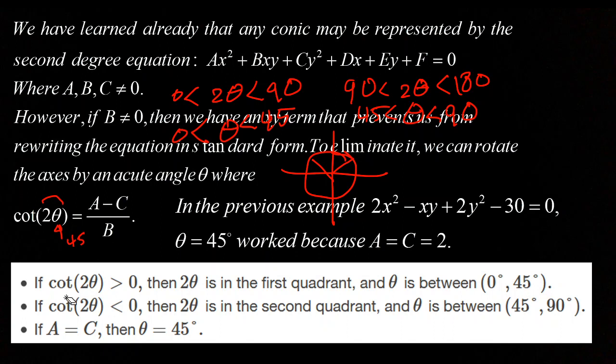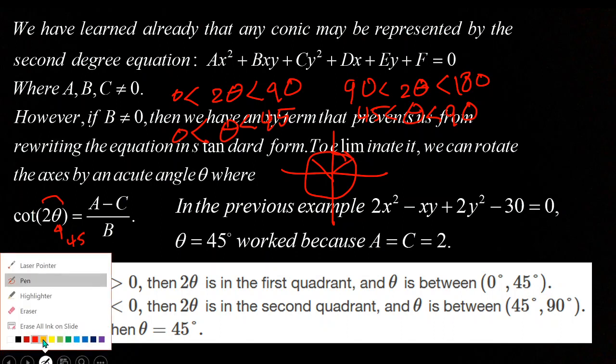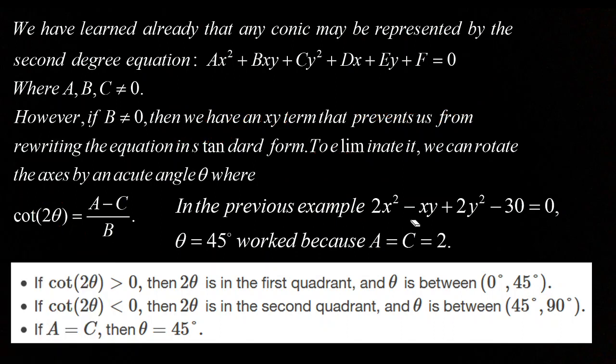And that's exactly why we rotated the previous problem by 45 degrees. Why? Because A and C were the same, so the people who made the problem knew that 45 degrees would get rid of that in the x'y' coordinate plane, right? And that's what actually happened.